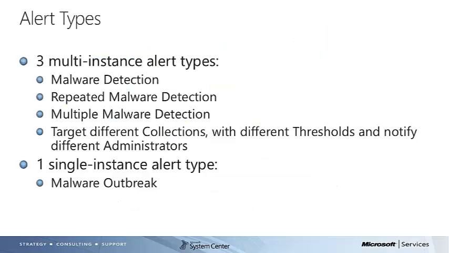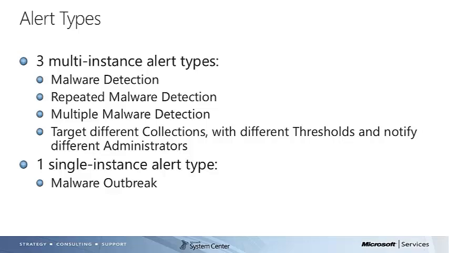So what are the alert types? Basically, there are 4 different configurable alert types, 3 of which are multi-instance alert types, and 1 single instance alert type. So what does it mean to have a multi-instance alert type? That means you can set up as many of these as you want based on the collection that you want to target.